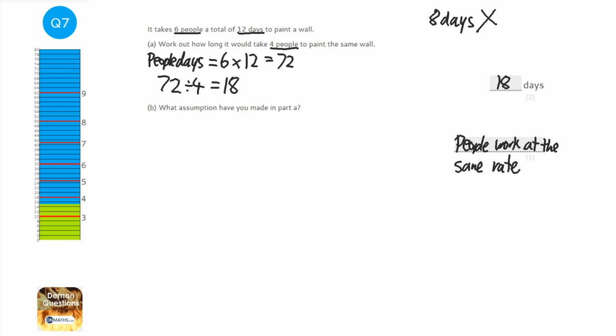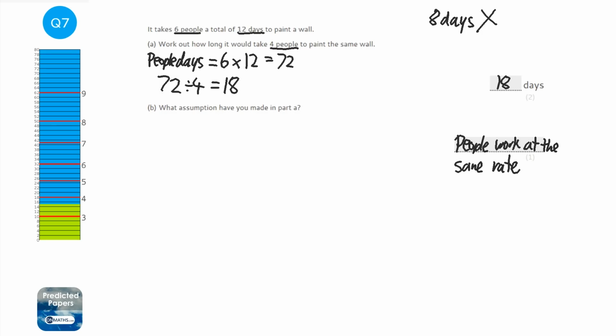Now it could be that the 6 people we originally had were kind of lazy, not very good at painting, had other distractions, and the 4 people we had are amazing people at painting, and actually maybe they did take less time. Or it could be that it rained when the 6 people tried to do it, and it didn't rain when the 4 people tried to do it.